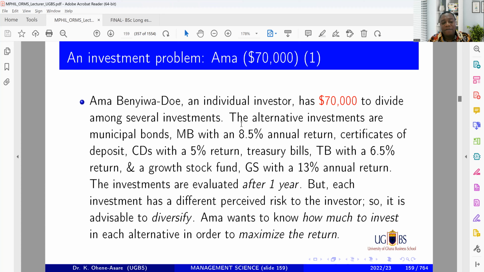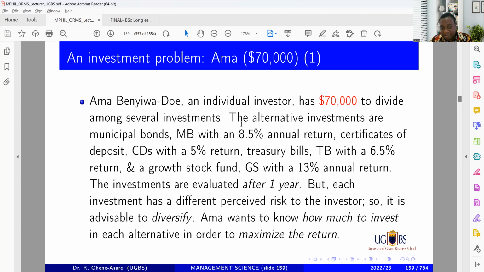Now, you might want to think of a growth stock fund like a mutual fund, like M Fund from Data Bank. Because everybody is kind of coming together for it, the interest rate tends to be higher. All of these investments are evaluated after 1 year. So after 1 year, we are going to see what is happening.